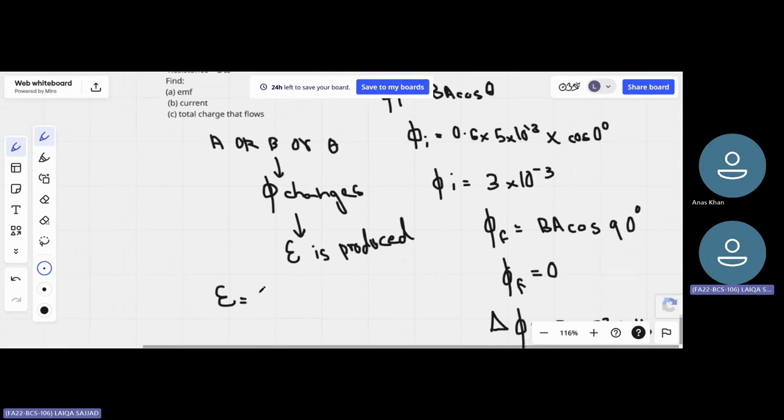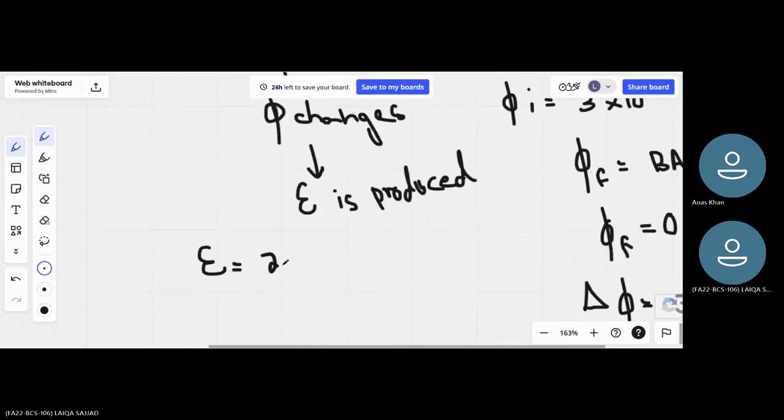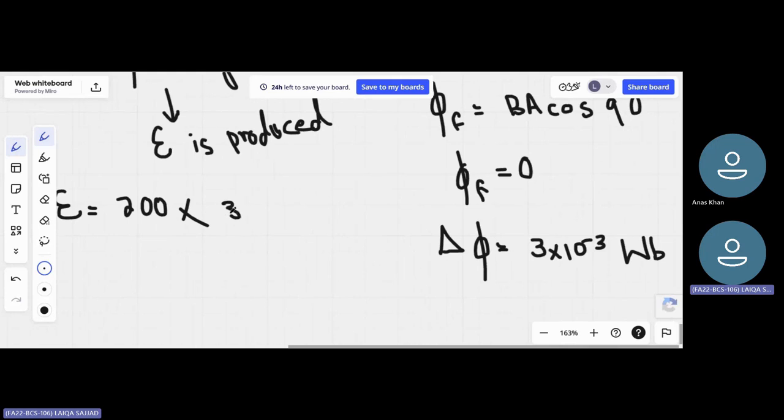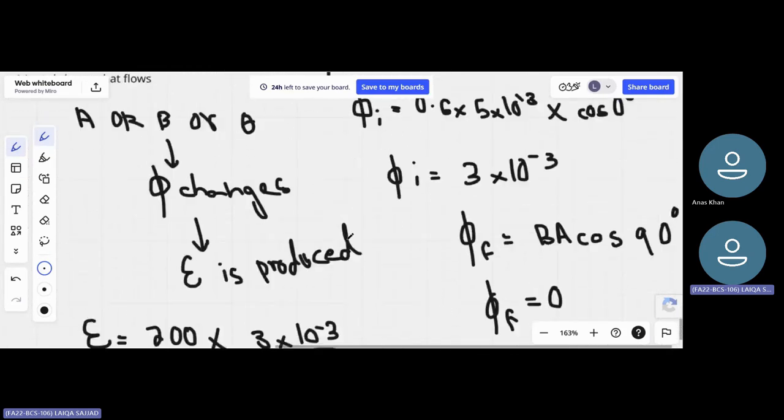It's N, which is 200, times the change of flux, 3 into 10 raised to power minus 3, divided by the time taken to change the flux, which was 0.01.